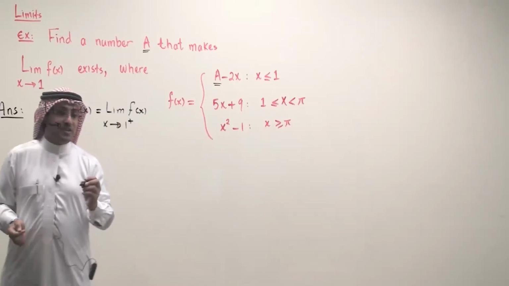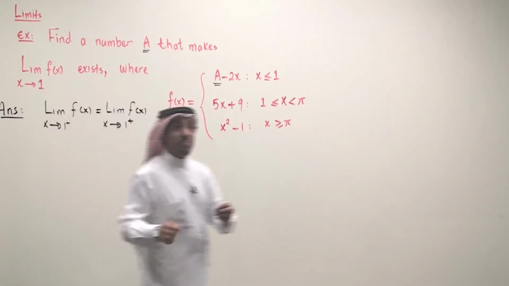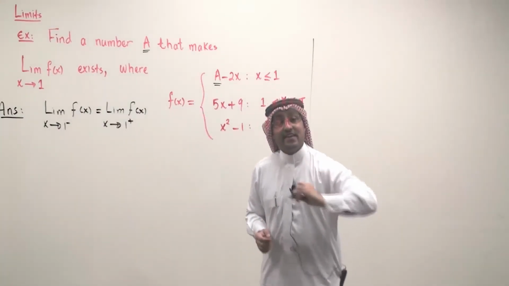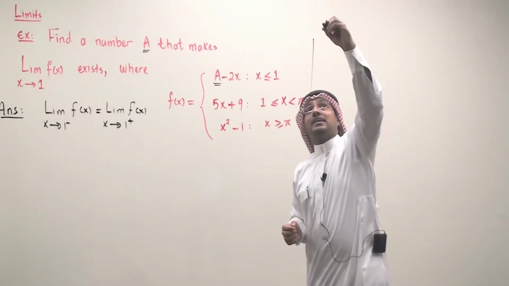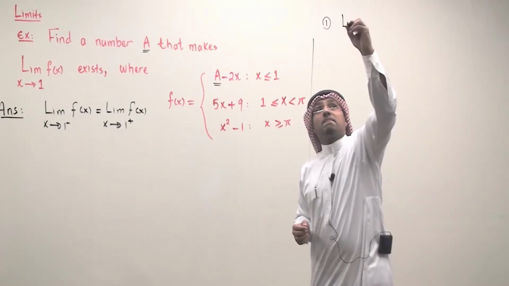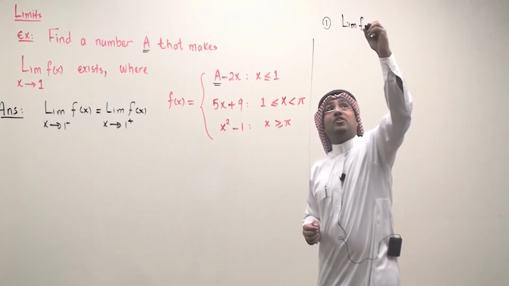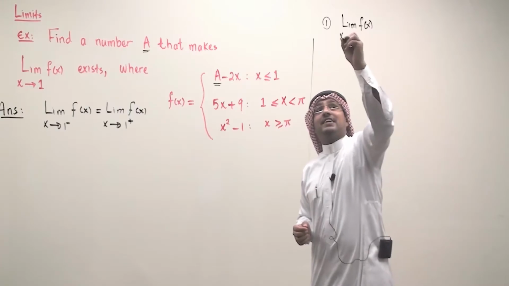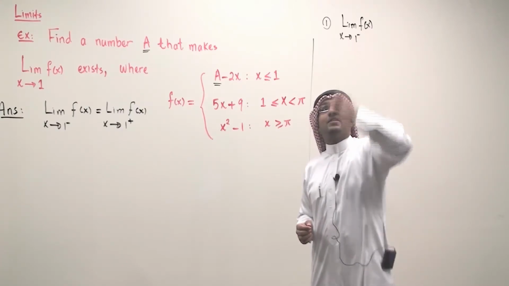So let me do first the limit from the left side. Say the first one is the limit of the function f of x as x goes to 1 from the left.